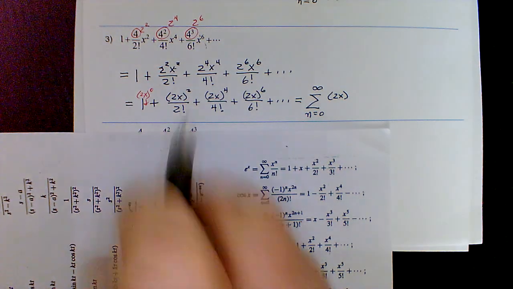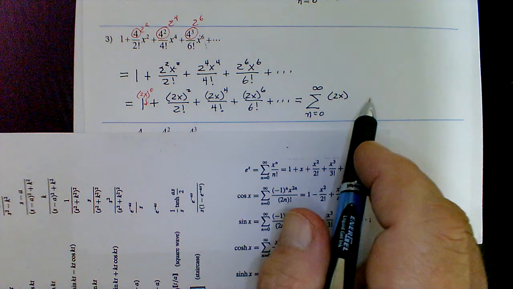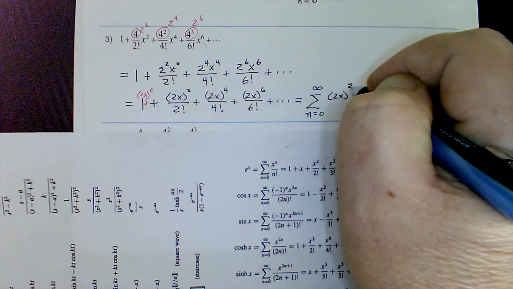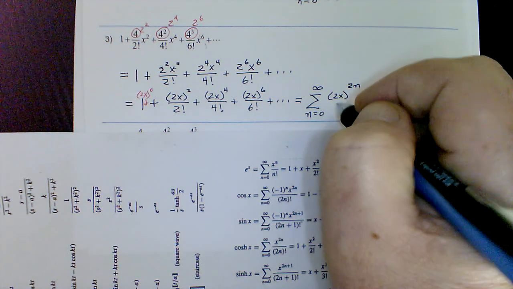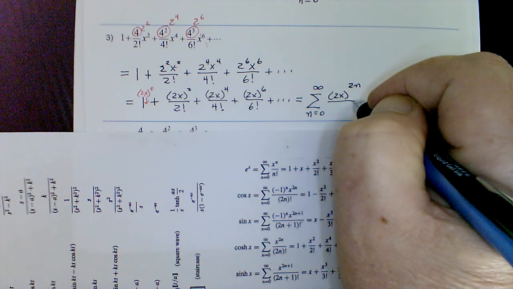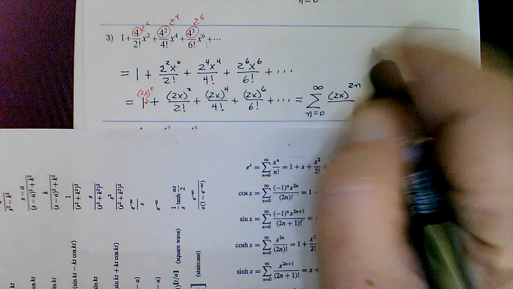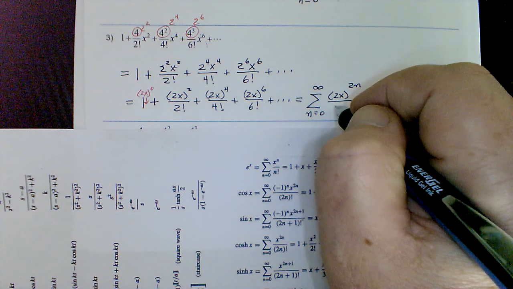So the pattern's 0, 2, 4, 6, etc. So that's to the 2n power, because it's even. And then over, and this is almost given to you within the context of the formula, you see it, it's x to the 2n over 2n quantity factorial.